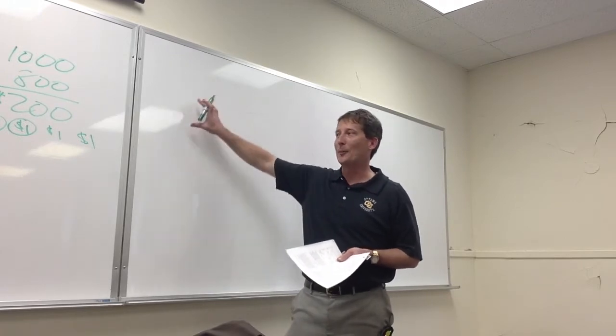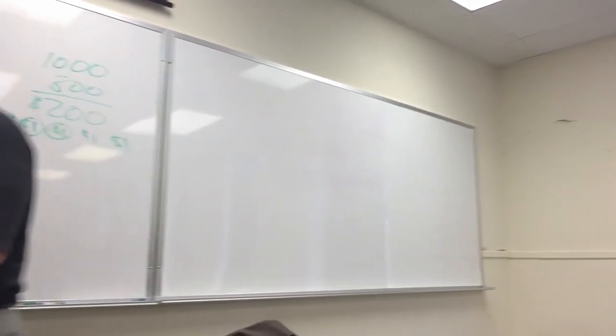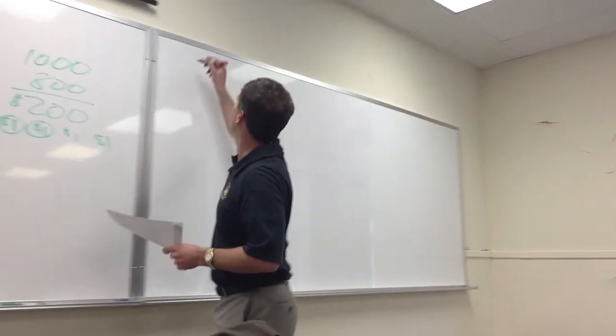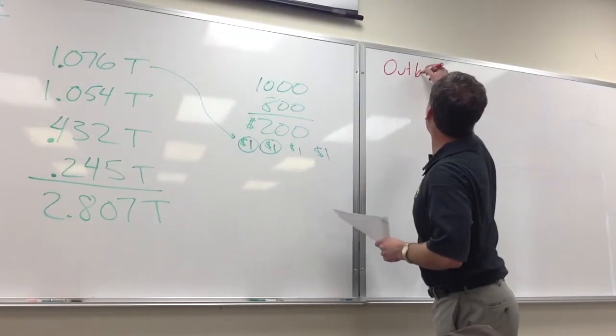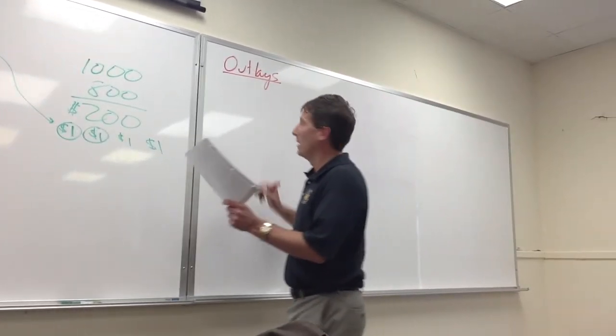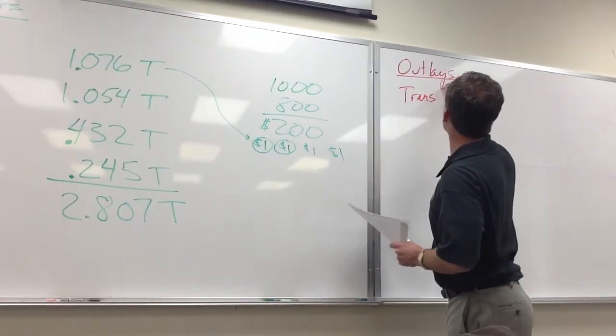All right. So, what about on the spending side? So the G are our outlays. Transfer payments.